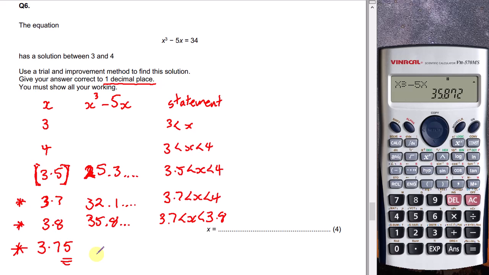You're not looking for more accuracy, you're just trying to make a choice between 3.7 and 3.8. Easiest way, go halfway. So type in shift, 3.75, store that into x.